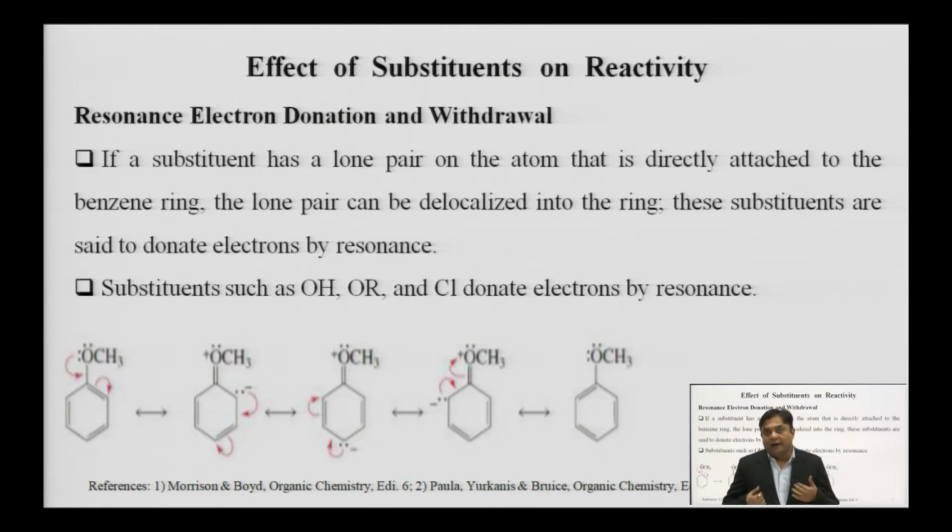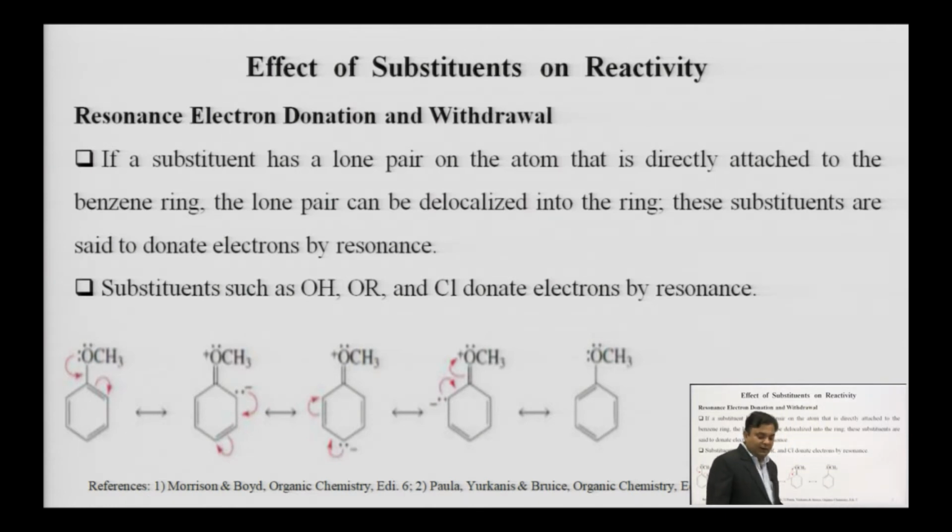They can donate electrons by resonance towards the benzene ring. By that they can increase the electron cloud density on the benzene. As a result, the overall reactivity of the benzene ring toward the electrophilic substitution reaction will be increased. Examples of groups which have a plus R effect mainly include the hydroxyl group, OR, or halogens. So, they are the groups which can donate electrons by resonance.